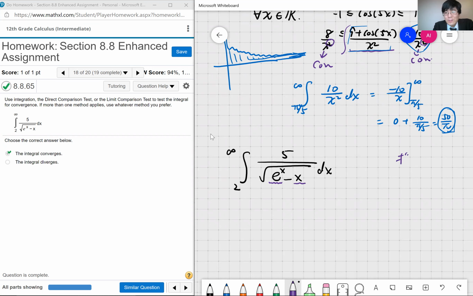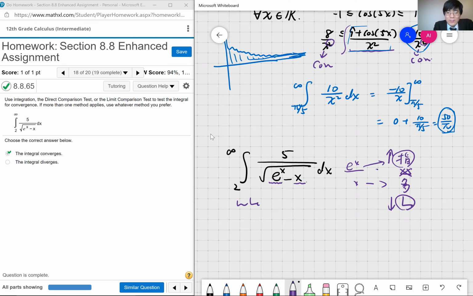Remember, when you have an exponential function, trig function, polynomial and log, forget about the trig for a moment. The exponential usually has a dominant power compared to those. So this one is usually stronger, and this one is weaker. So when x is big, e to the x is very, very big, and x is very, very small compared to e to the power of x.